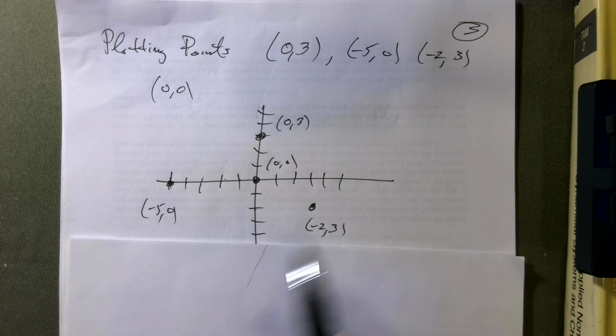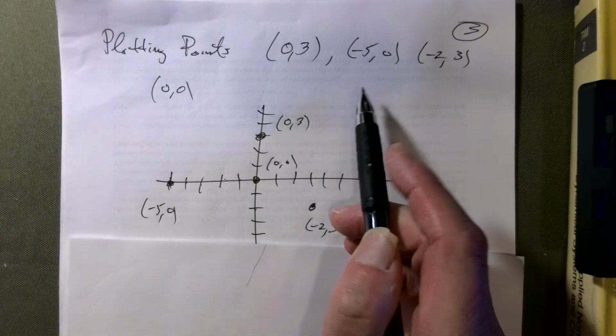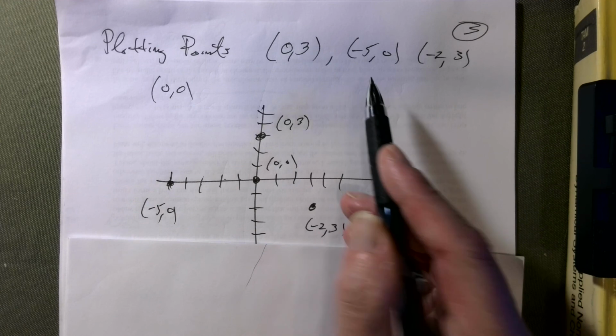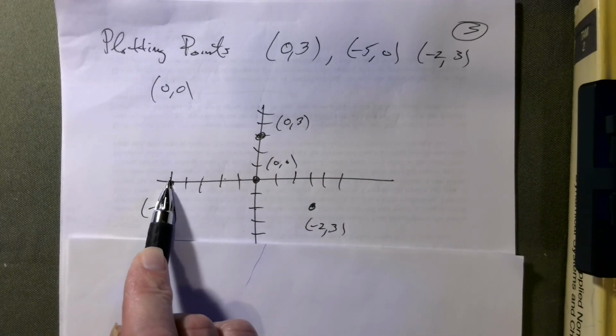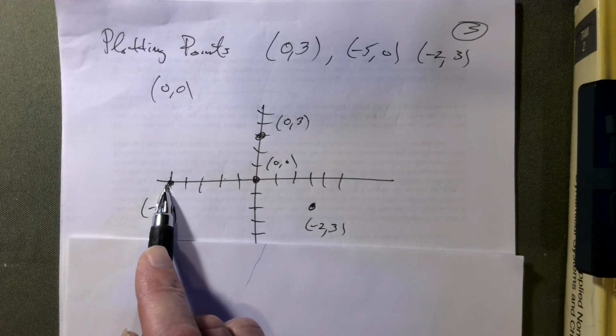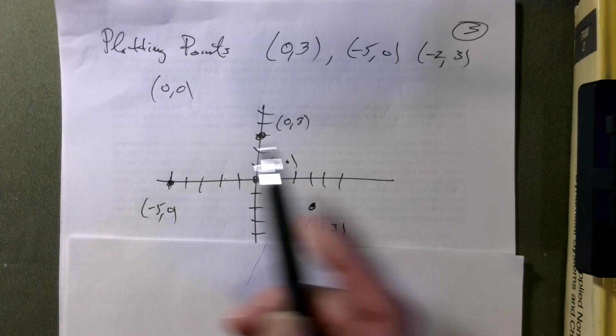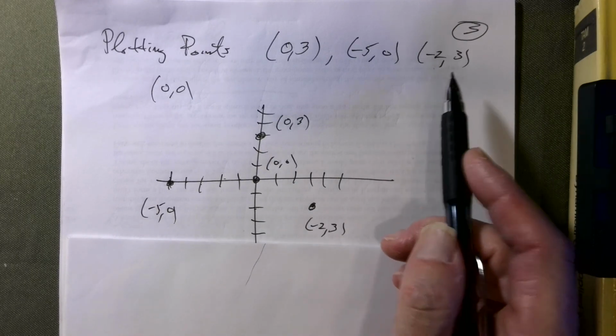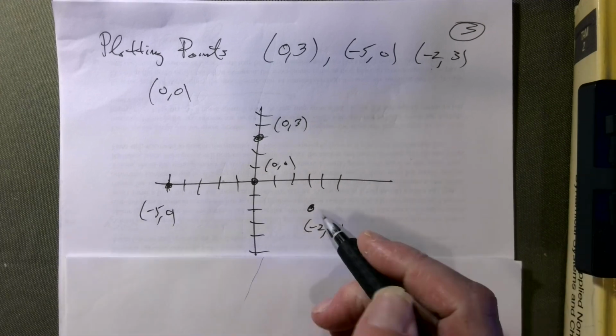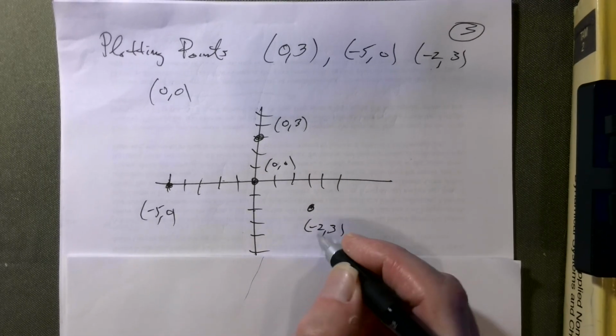And it's the same thing here for Cartesian coordinates. So the number -5, 0 means move over to the left 5 units, don't go up or down. 0, 3 means don't move left or right, go up 3 units. -2, 3. This is wrong, sorry.